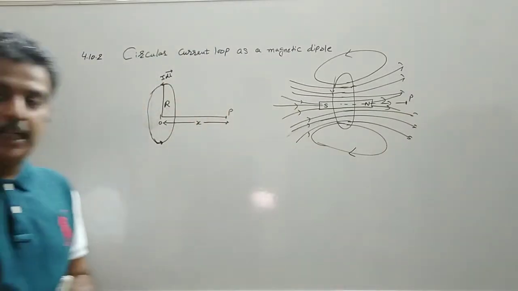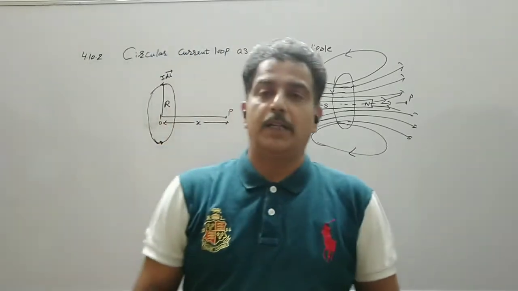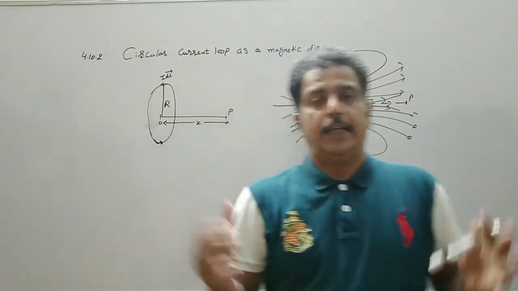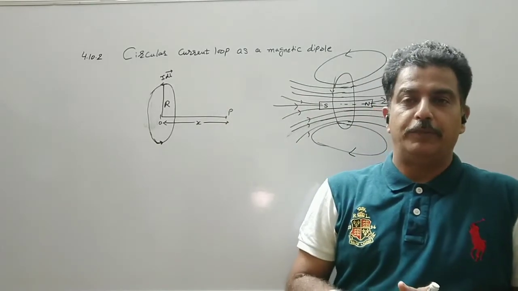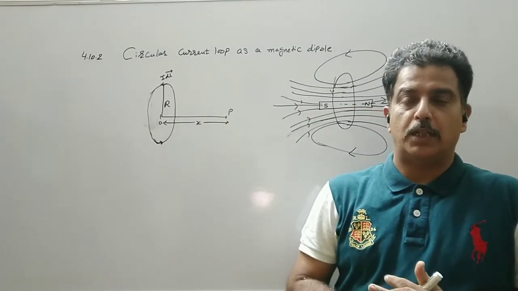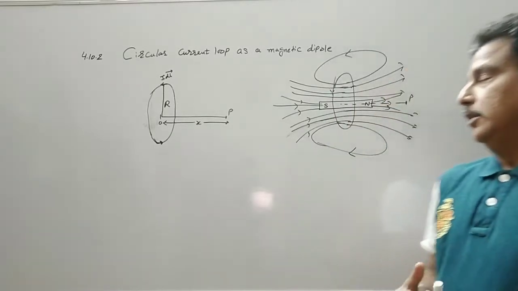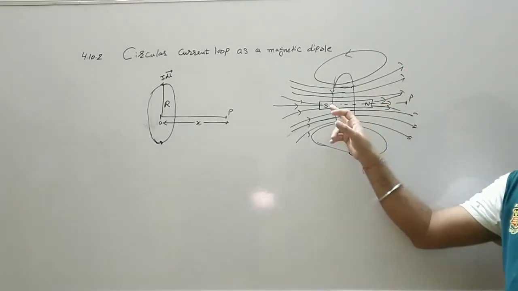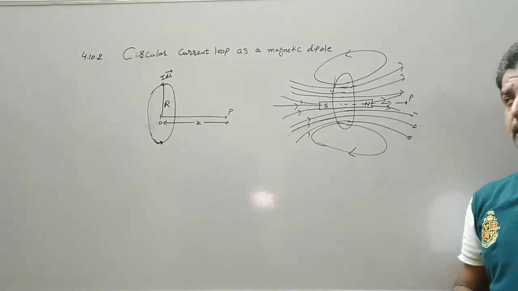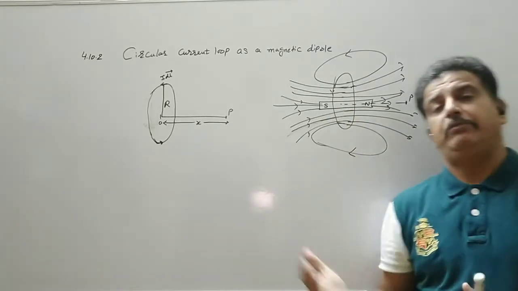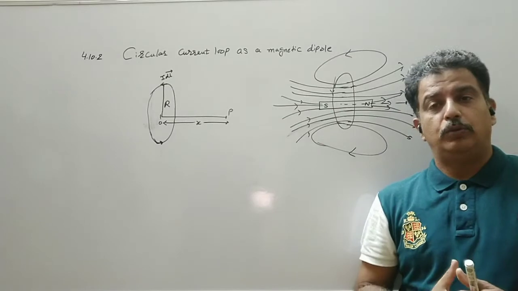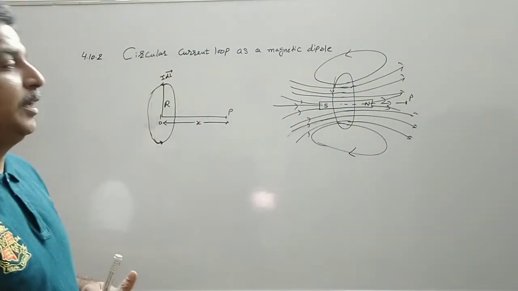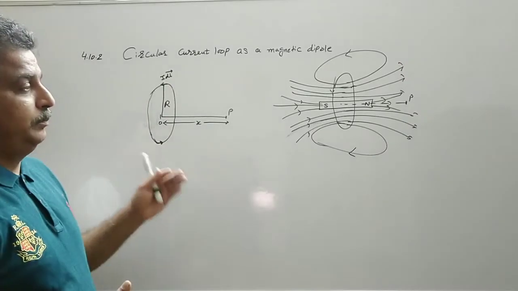Now, as we have an electric dipole moment, if you remember, in an electric dipole the direction of the dipole moment was from negative charge to positive charge. Here the dipole moment is from south to north, and in the previous lecture we found a method to find the direction of the magnetic moment.